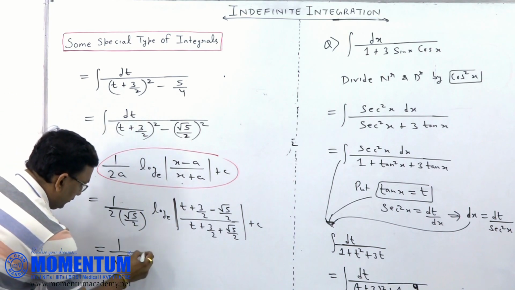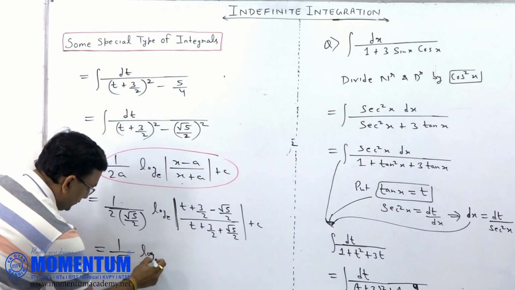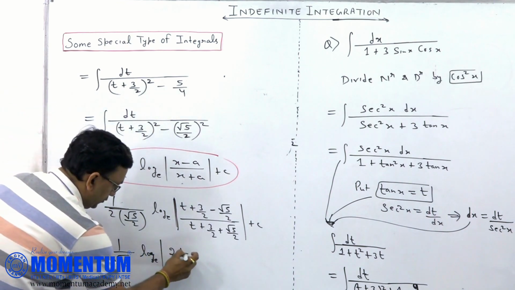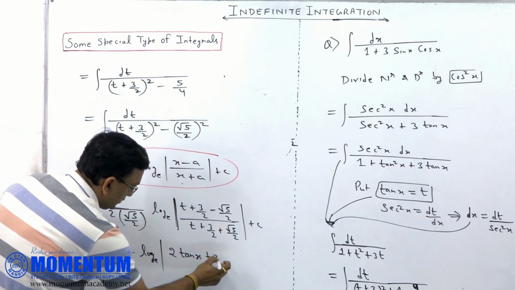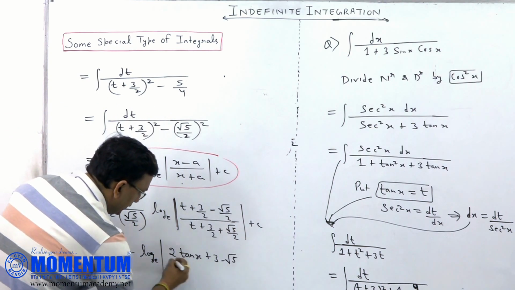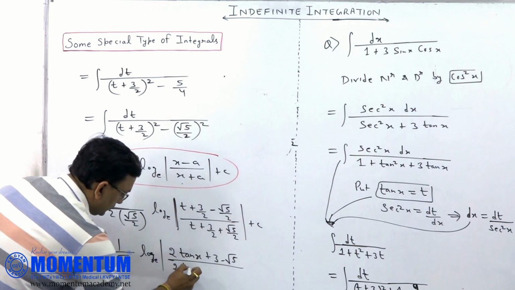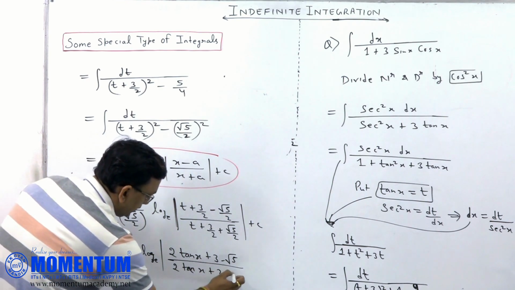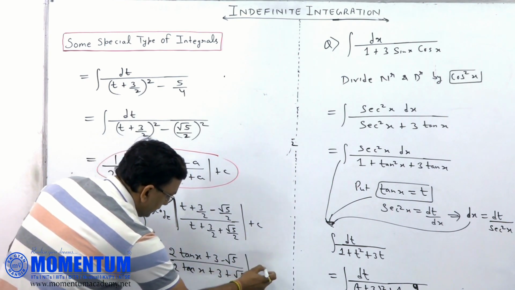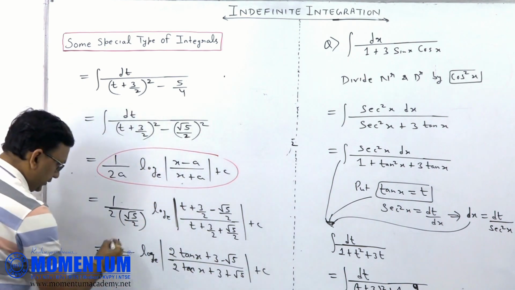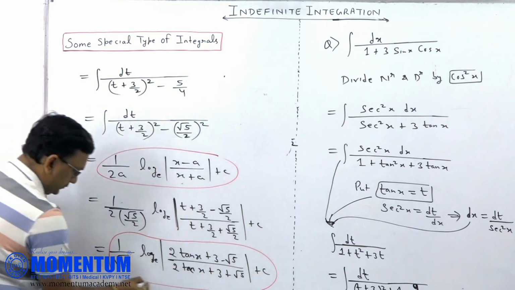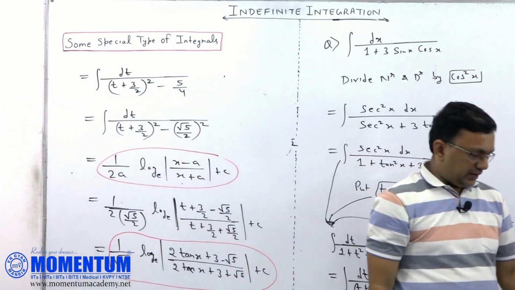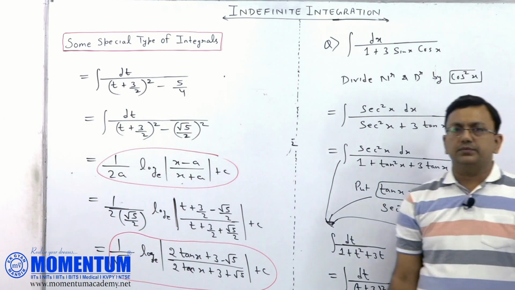So 1 upon root 5 log over mod of 2 tan x plus 3 minus root 5 divided by 2 tan x plus 3 plus root 5. That is our final answer. This is our final answer for the problem.